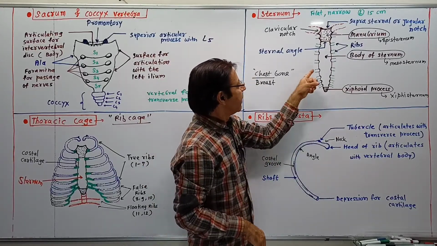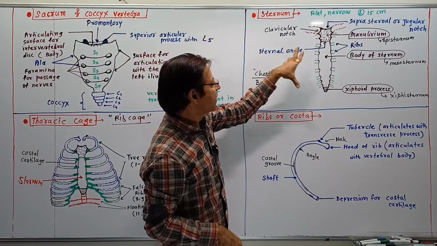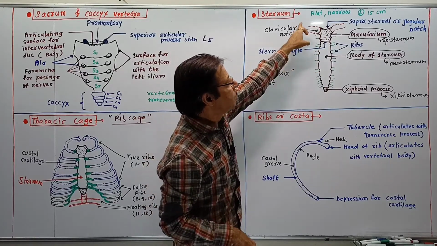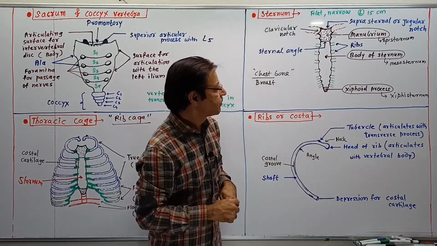In this way, this is the single sternal bone or sternum. It is flat, narrow and has a length of about 15 centimeters.